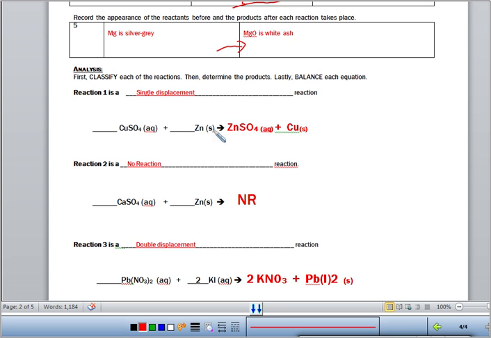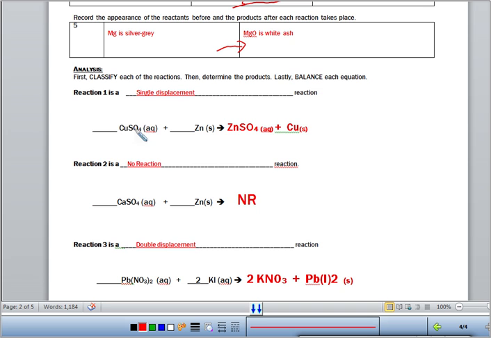Now that solid zinc means pure zinc, which means it has what charge or what oxidation state? 0. Okay. It's got all its protons and all its electrons, and they happen to match, right? So it has a 0 charge. Therefore, it's not going to dissolve in water, right?